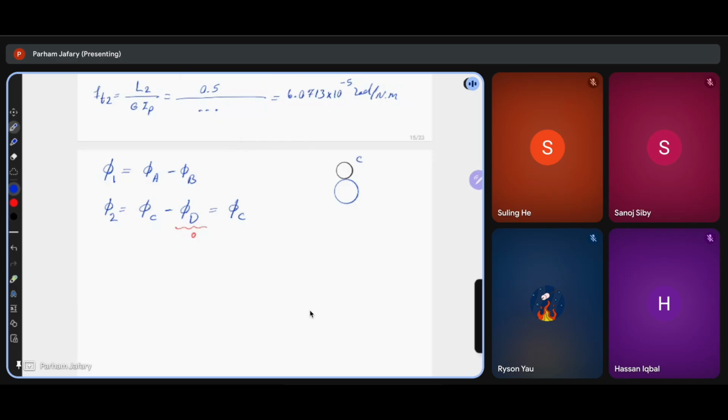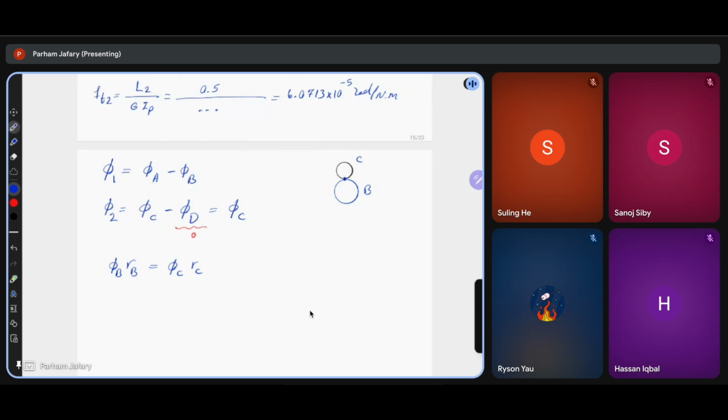This is gear C, and this is gear B. So the deformation at B times the radius of B is equal to the deformation at C times the radius of C. Why?